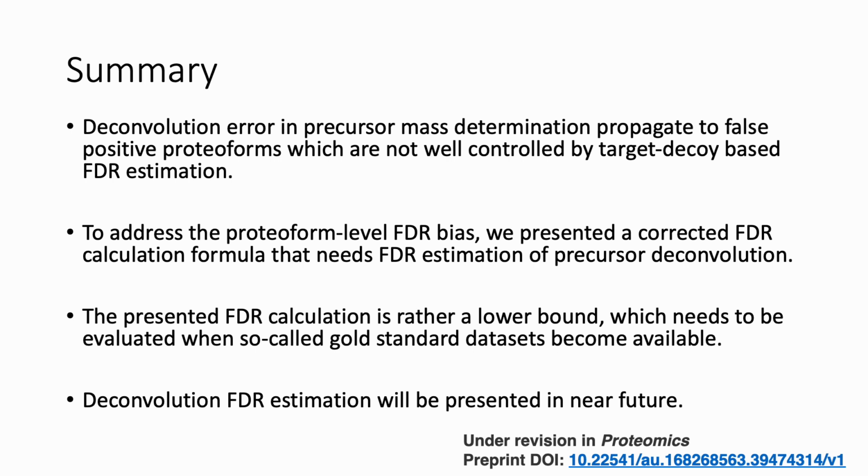The presented FDR calculation is rather a lower bound, which needs to be evaluated when so-called gold standard datasets become available. And deconvolution FDR estimation of PFDR will be presented in near future. This work is submitted to Proteomics and under revision, and you can also find the preprint.